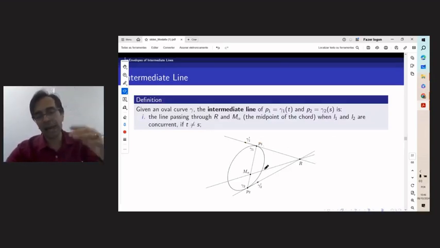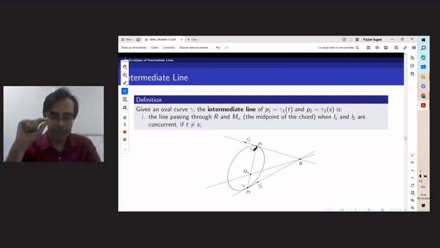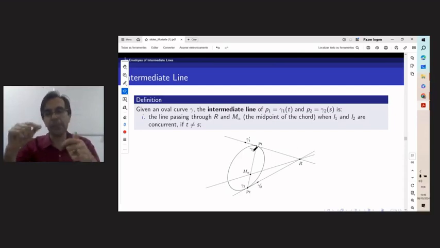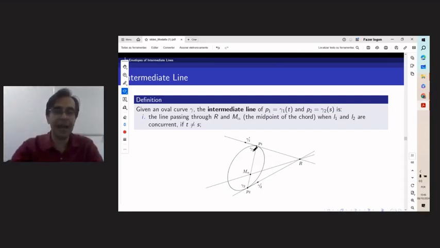When we have a closed curve, we take two points P1 and P2, and there are three possibilities: their tangents can have an intersection, or their tangents can be parallel, or these two points can coincide with each other.